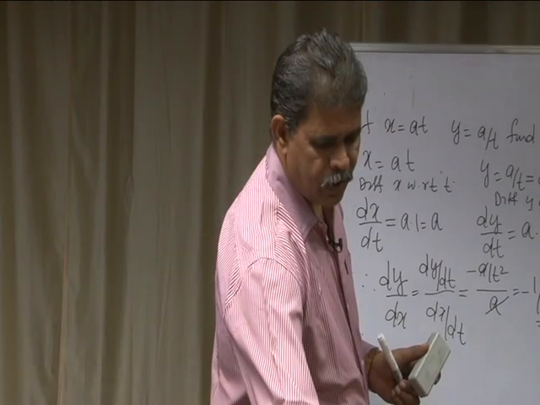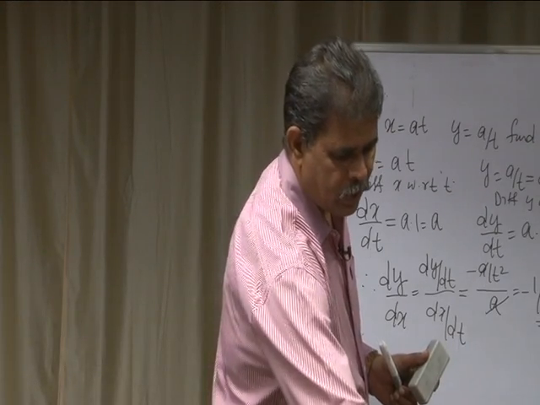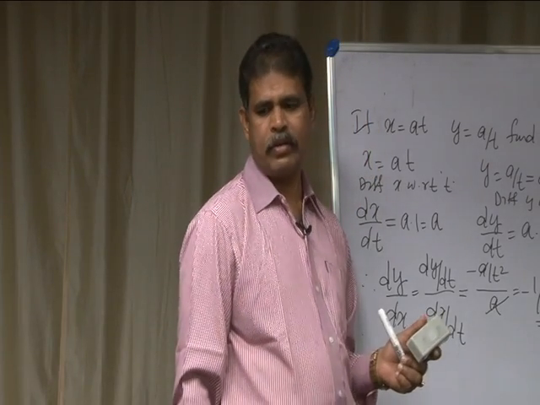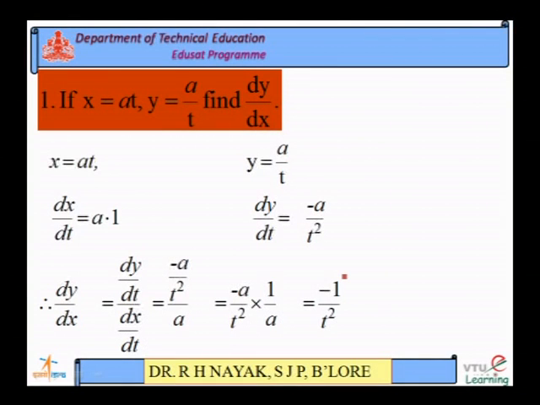You may work out the other examples in the next class. I have given a hint for the derivative of a parametric function. x may be in t, y may be in t, or x may be in theta, y may be in theta, both should be differentiated with respect to the given parameter.